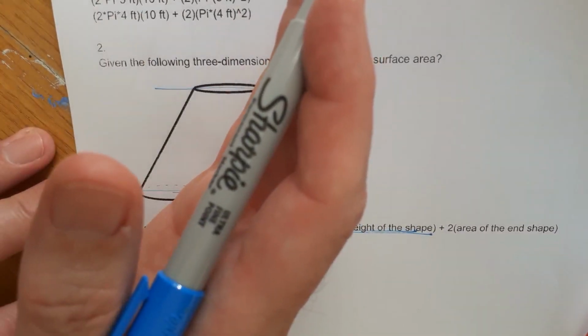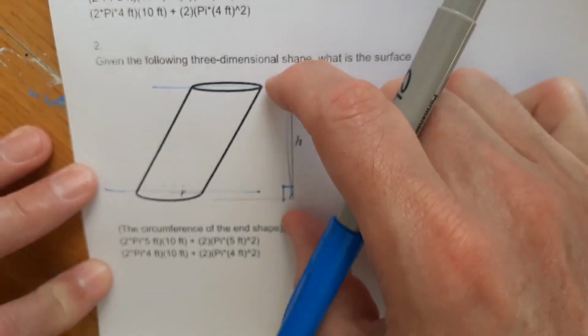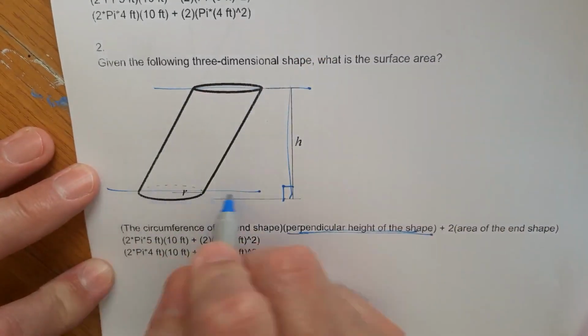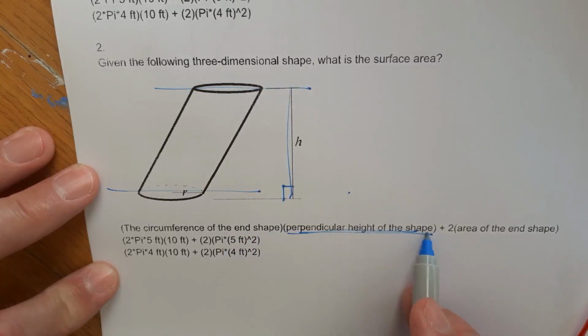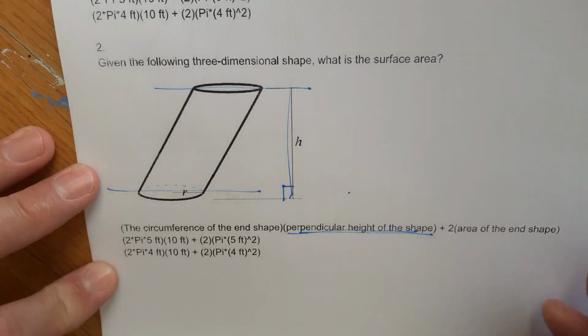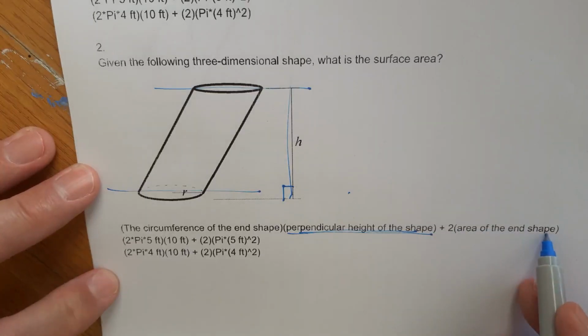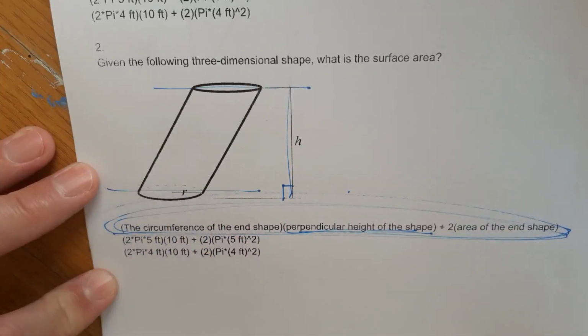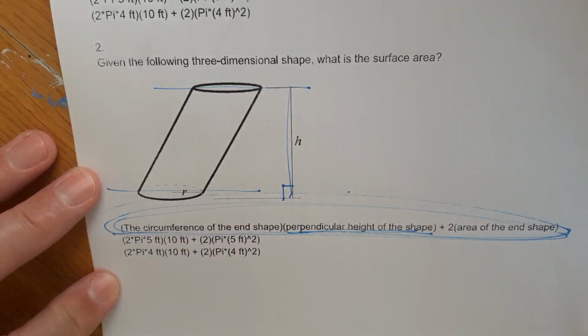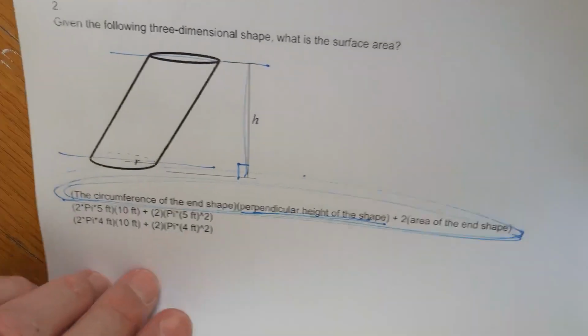We're not talking about this distance, we're talking about this height from here to here, perpendicular because it's 90 degrees to the base. The circumference of the end shape, which in this case is a circle, times the perpendicular height, that'll give the area of that inner rectangle, and then 2 times the area of the end shape. So exact same formula, so to speak, just making sure that in both cases we're dealing with a perpendicular height.